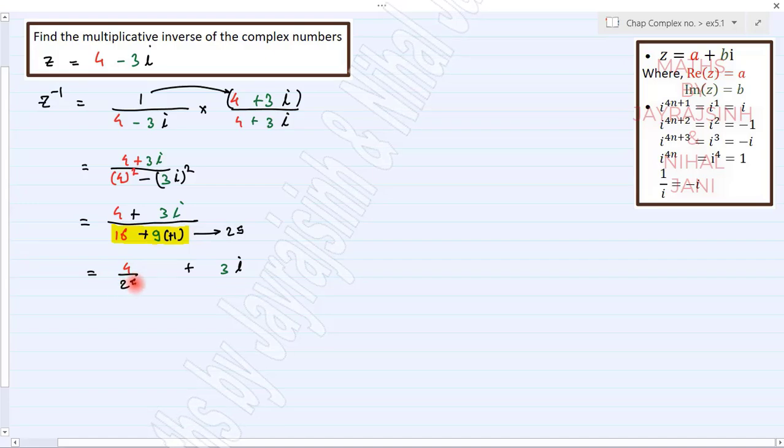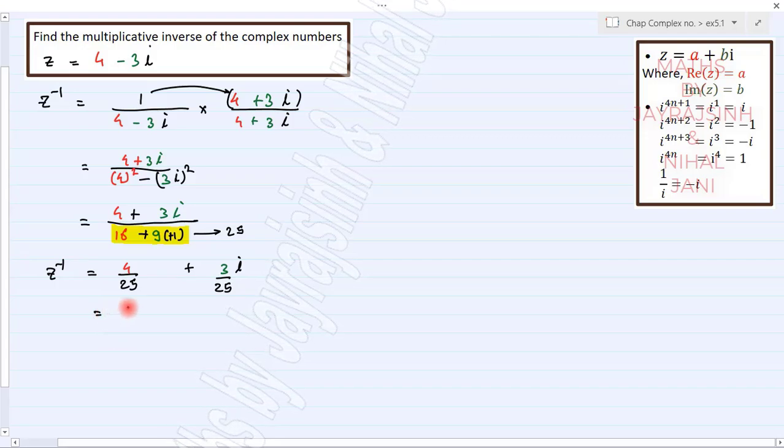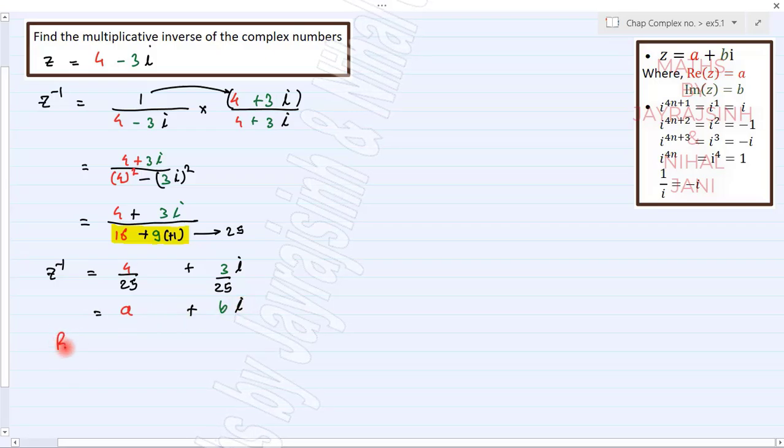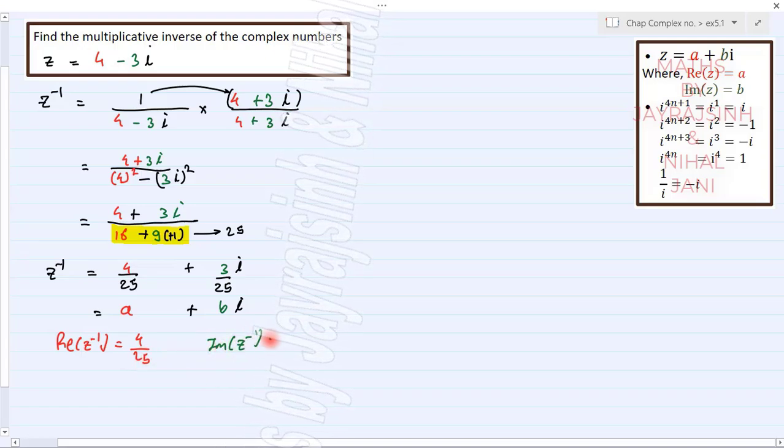For simplification, let's give an individual denominator. So we get our complex number in the standard form of a + bi, which will give us the real part as 4/25, and the imaginary part is 3/25. Tada!